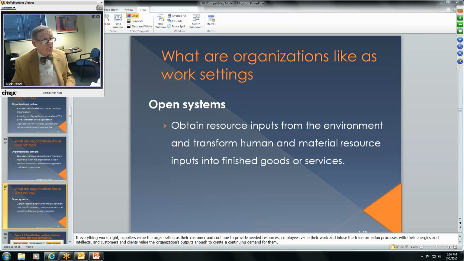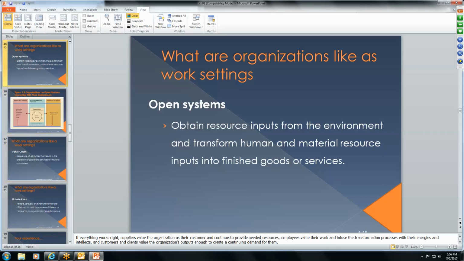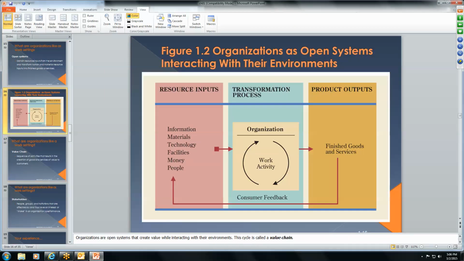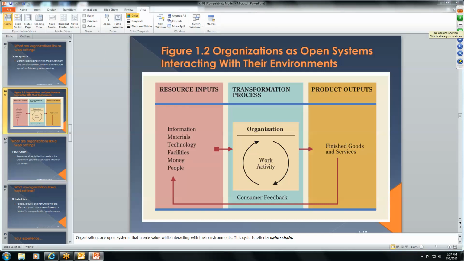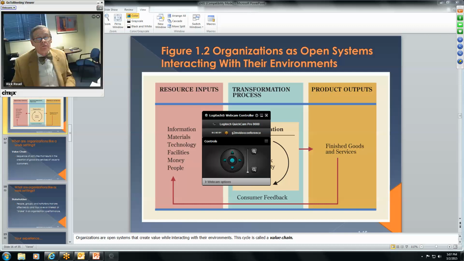And we can see this model, figure 1.2, talking about the inputs that we have, and then the transformation process, and then the outputs that we have, which you can see on page 10 in your textbook.